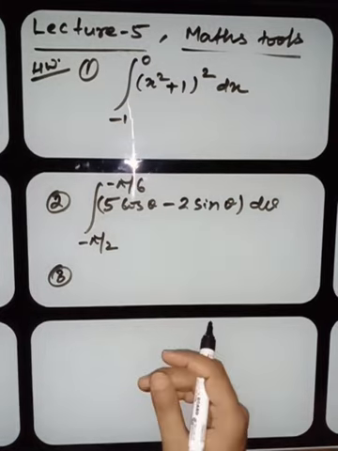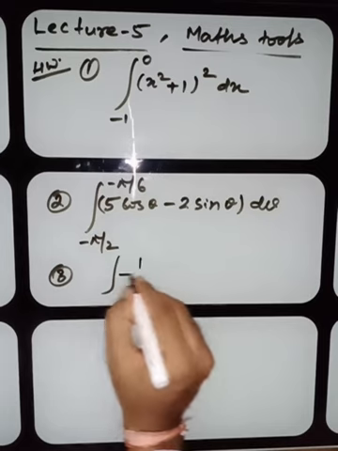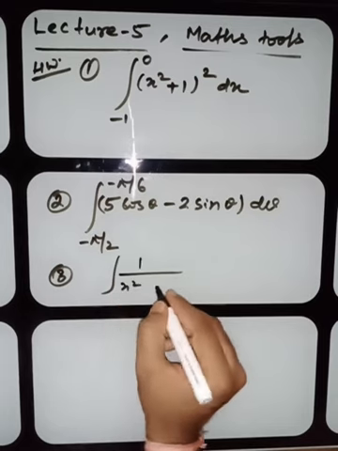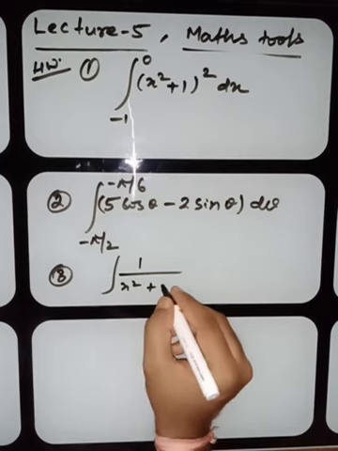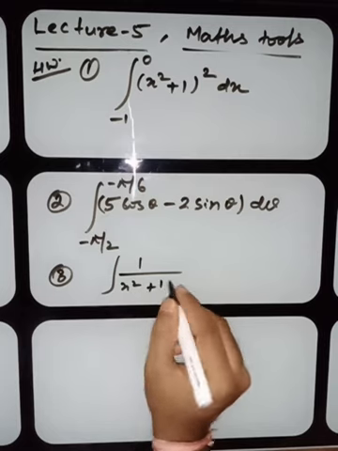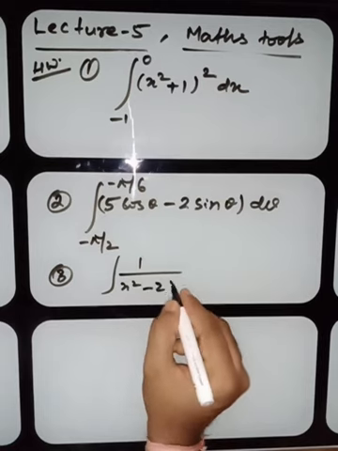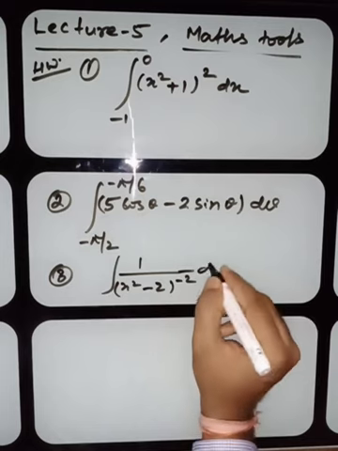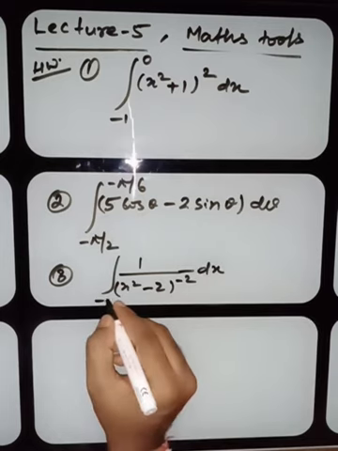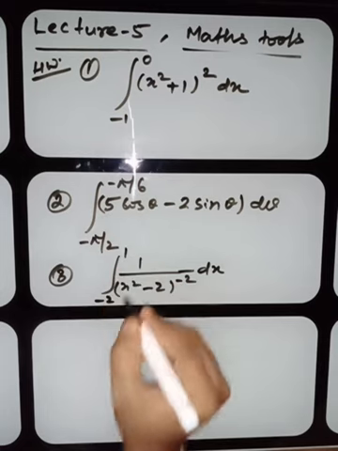Third one: integration of 1 by x square plus 2 minus 2, whole square dx from minus 2 to 1.